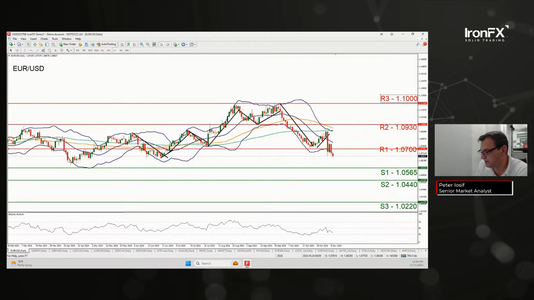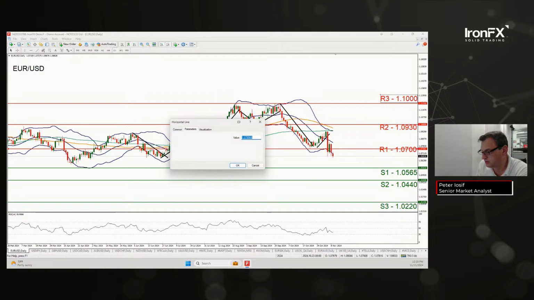Next is a support line on this true here at 1.0755.